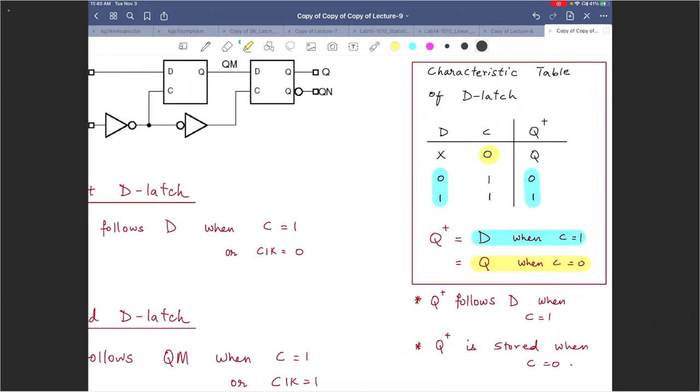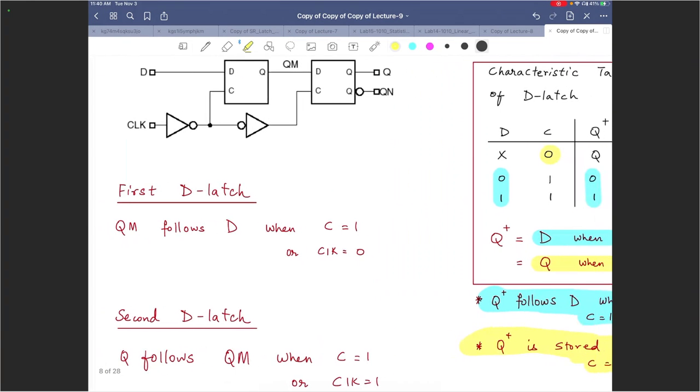It is very helpful for me to write this as statements. So I have written them. Q plus follows D when C is 1. And then I've written the statement for the next case. Q plus is stored when C is 0. The reason why I'm doing this is because I will have to apply this analysis to the first latch and the second latch, which can become quite tricky. So let's do this.